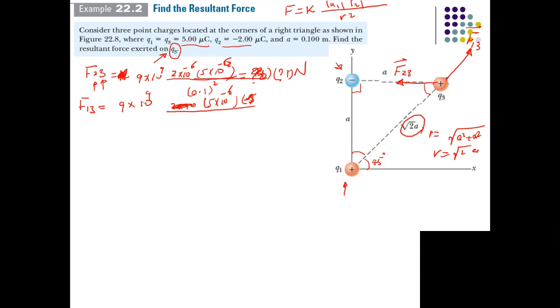Yeah, actually they are the same, right? My handwriting is not good, I think because of the tablet. Okay, so divide by root 2A, you square it, so it's going to be equal to A squared. And A is equal to 0.1. So this is going to give us another number, in Newton.